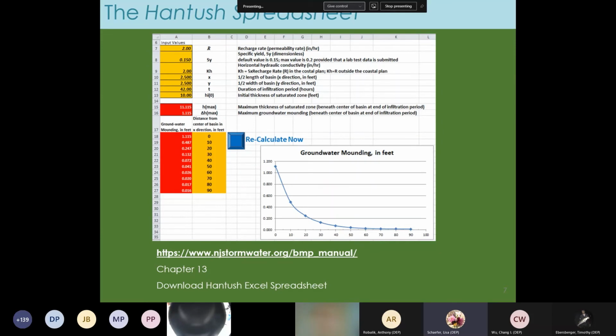So all the calculation algorithms are the same. It's just that the units and the notes for the inputs are modified to be consistent with the other chapters in the BMP manual. So our new guidance, Chapter 13, and the spreadsheet, of course, are available at njstormwater.org.